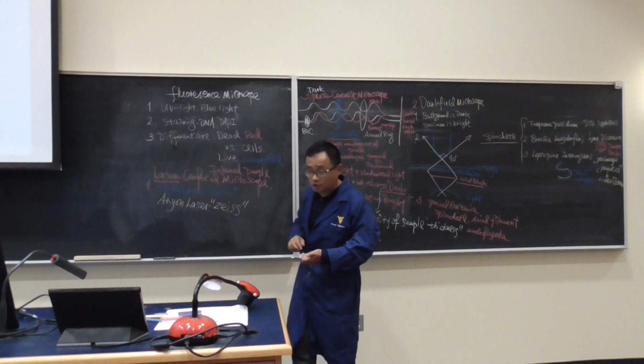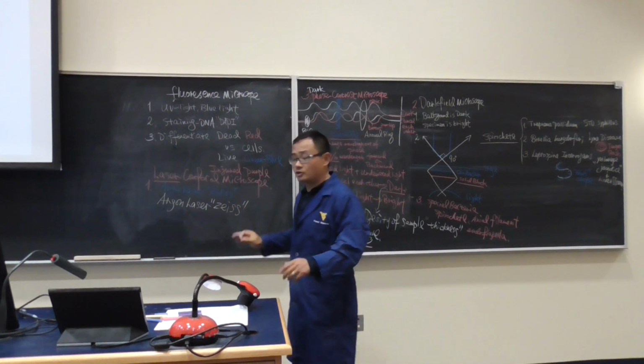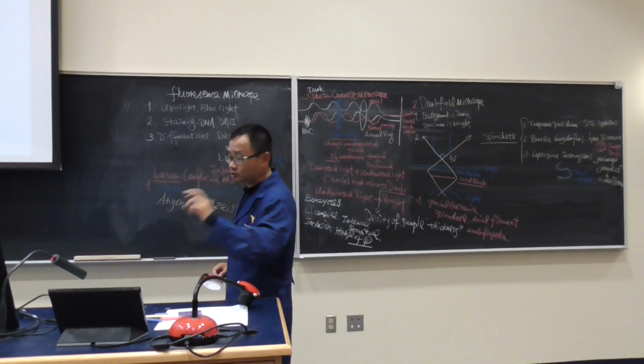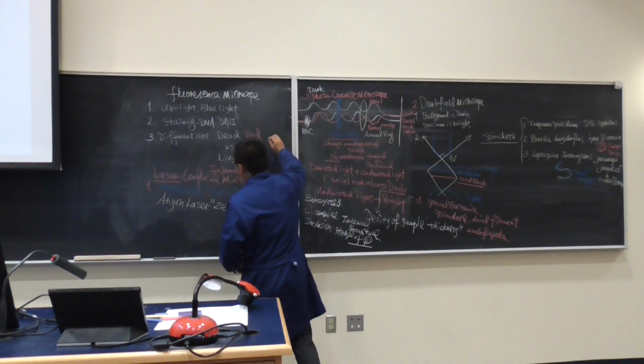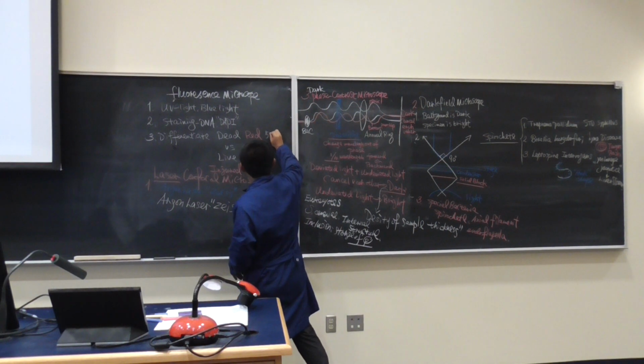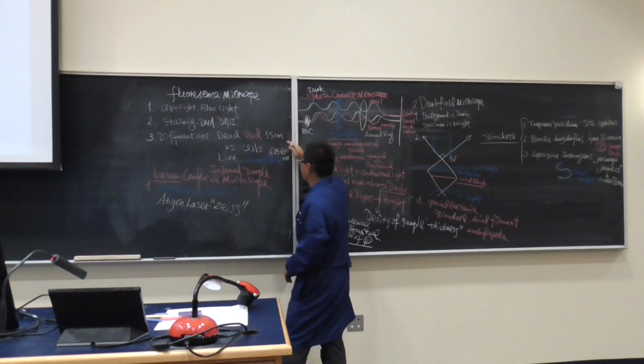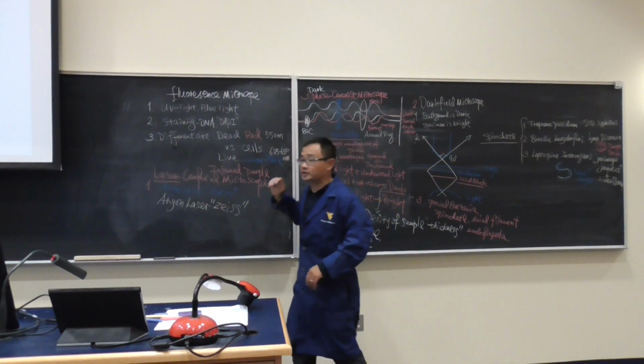Purple one is injured cell. But you have to set up the wavelength of the image. Red cell usually 550 nanometer. The green one 625 to 650 nanometer. The wavelengths represent each of the colors.